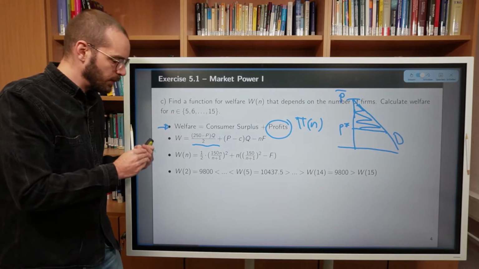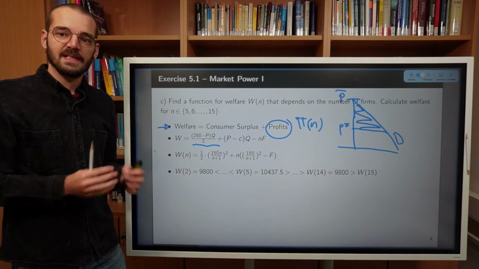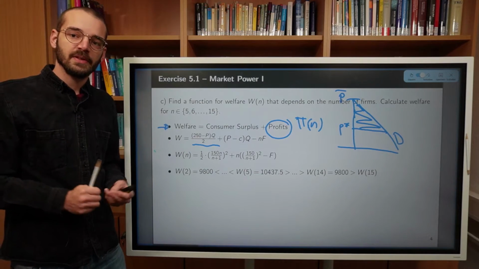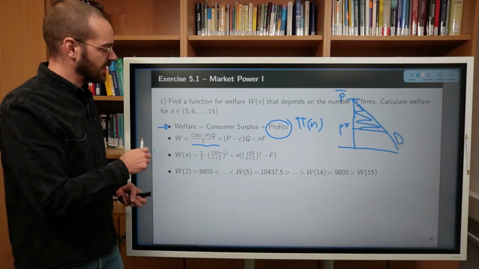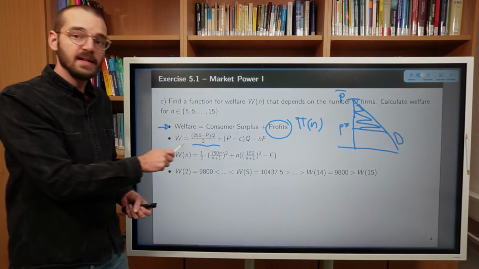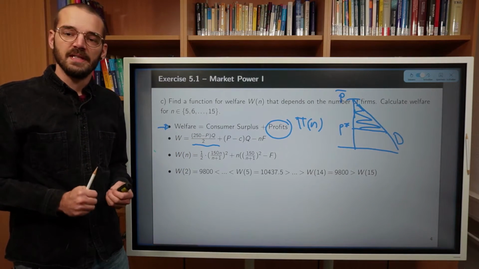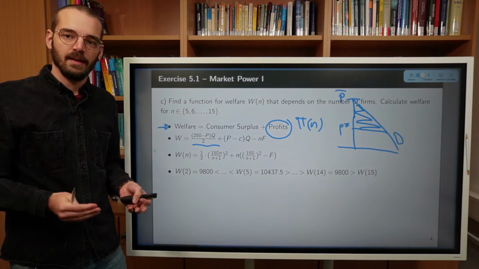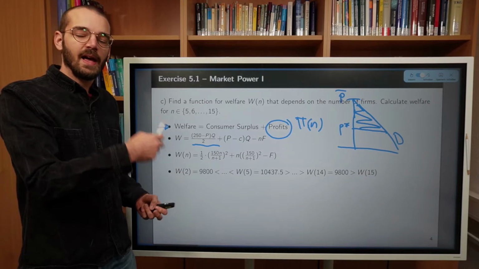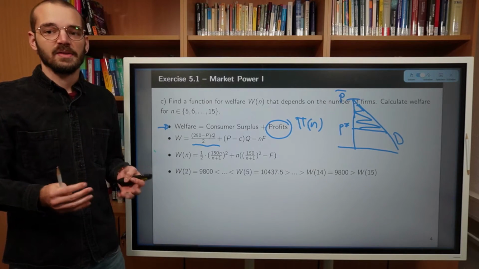So we move forward at this point exactly as we did in previous lessons. The only difference is that this time we are expressing the equilibrium price and the equilibrium quantity as functions of n. In previous weeks we simply had equilibrium values that we could plug in.